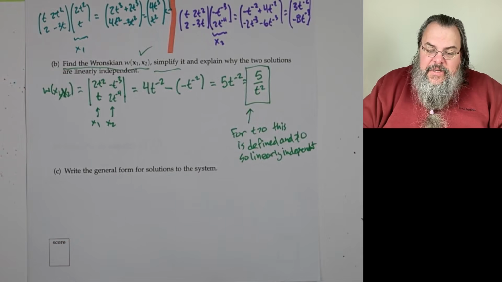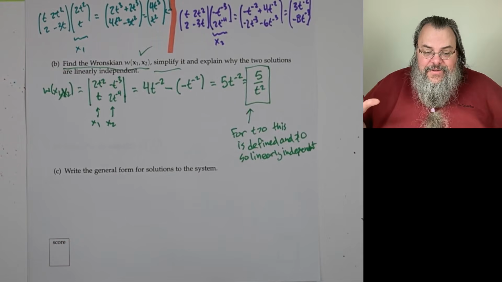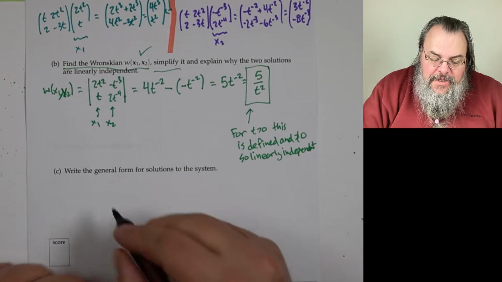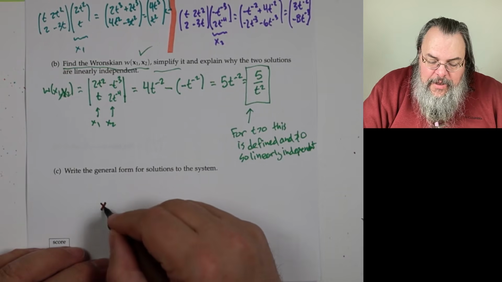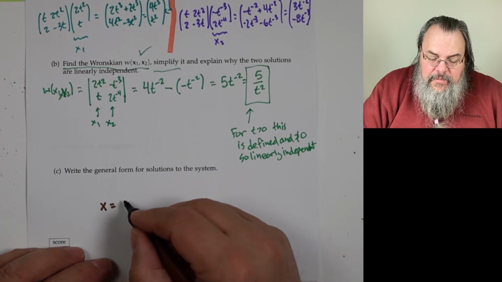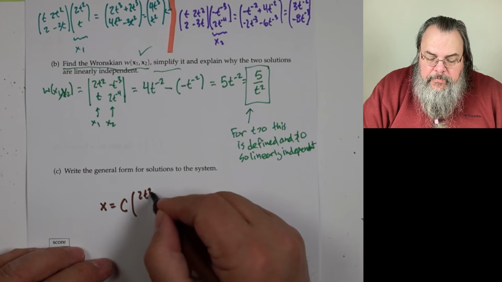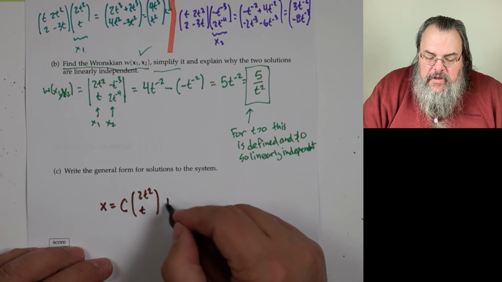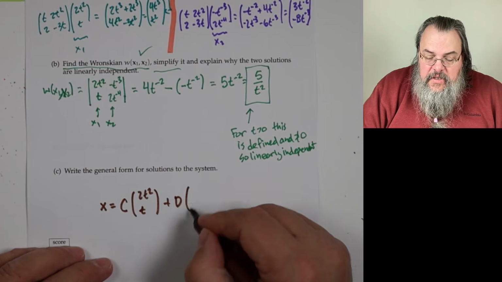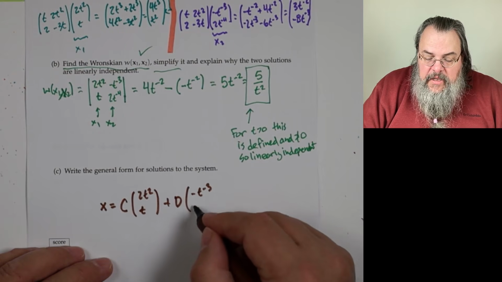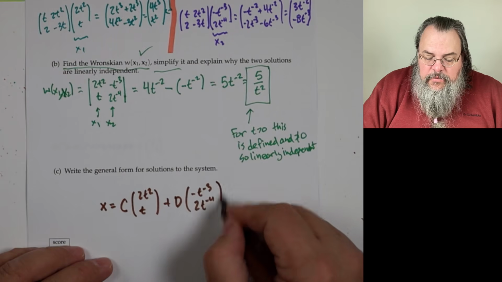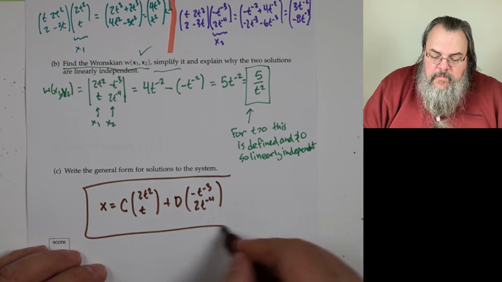Part C is 3 points, right? They didn't mark down how much part C is worth, but it looks like x is some constant times x1 plus some other constant times x2. And that's the general form for the system, right?